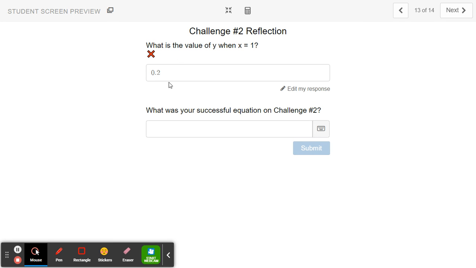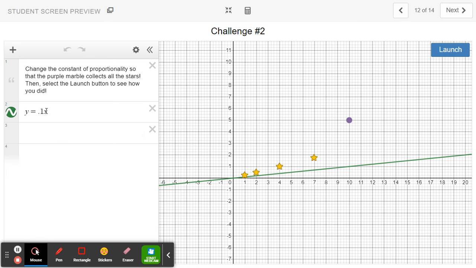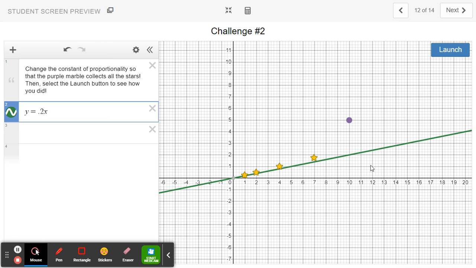Then I had students go, but that's not true, because when I did this at 0.2, it totally collected them. Here's what I'm going to say about that. When you look at this, the line does not go through the middle of these stars. So it's close, it'll collect the stars, but it doesn't actually fit these stars as a line.